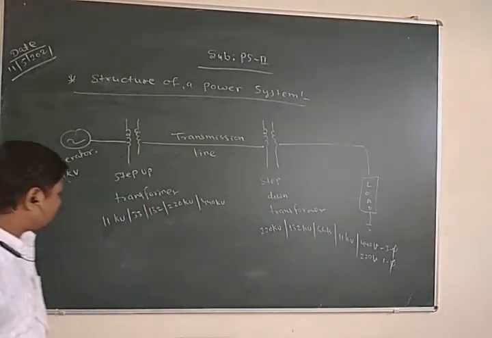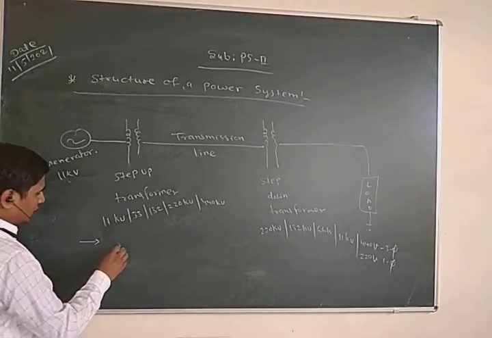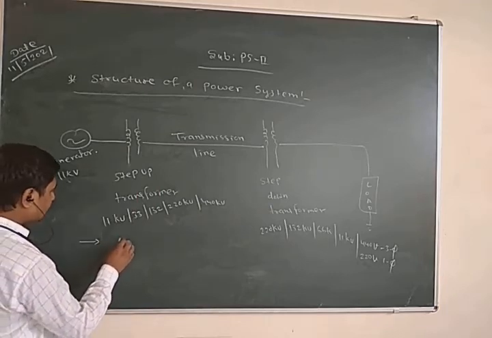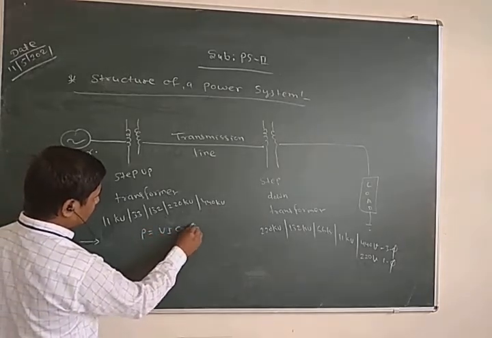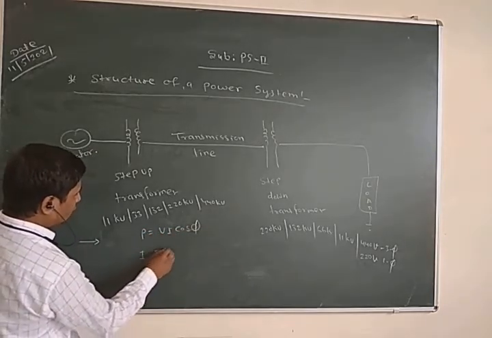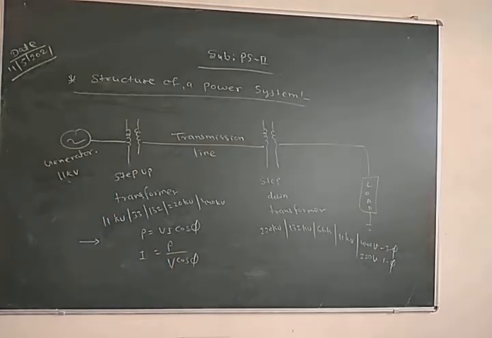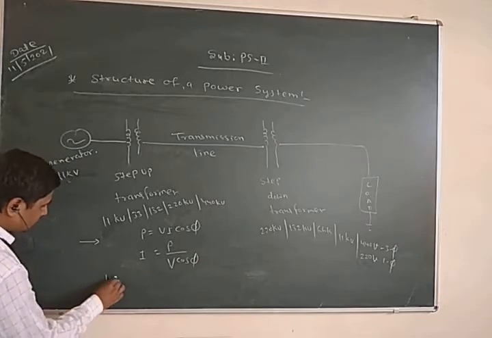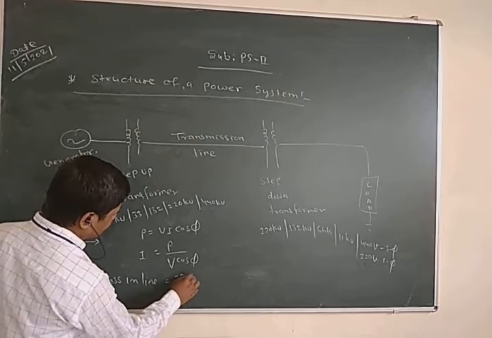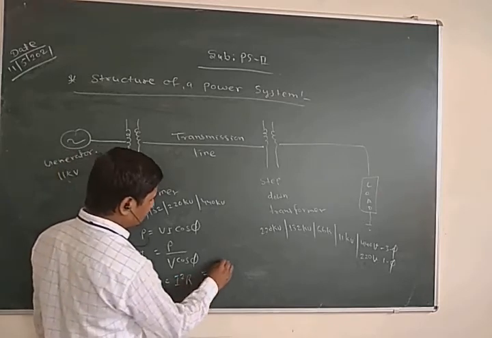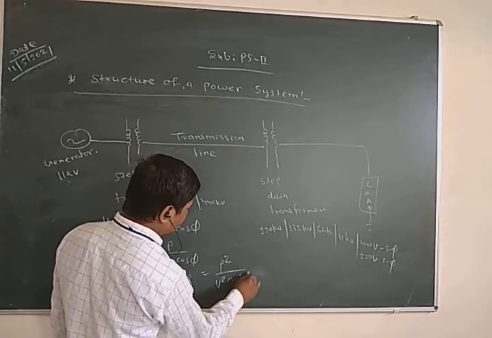The purpose of stepping up the voltage is to reduce the current in the transmission line. We know that power P is equal to VI cos phi, and I is equal to P upon V cos phi. So loss in the transmission line is equal to I square R, that is P square upon V square cos square phi.